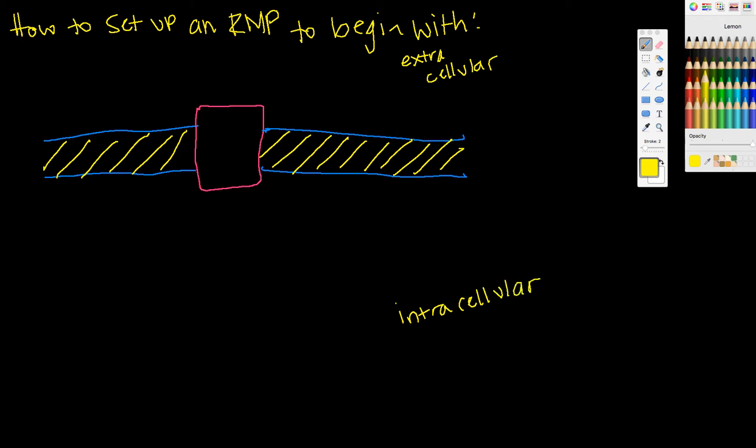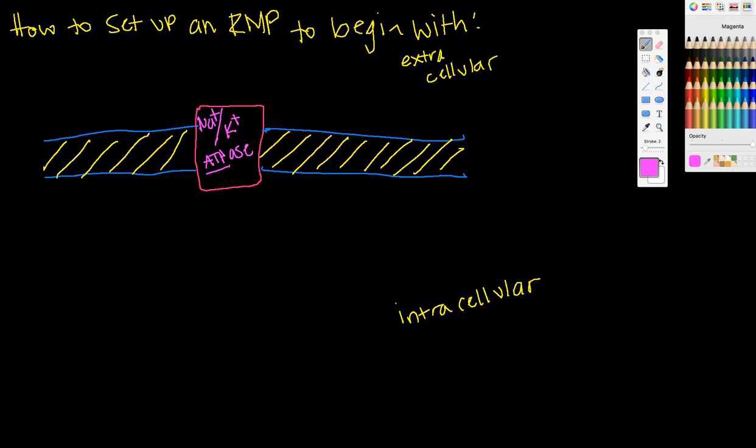Okay, so that begs the question, what is this guy? This is our friend, the sodium potassium ATPase. So ATPase means this is an enzyme that is capable of cleaving ATP.